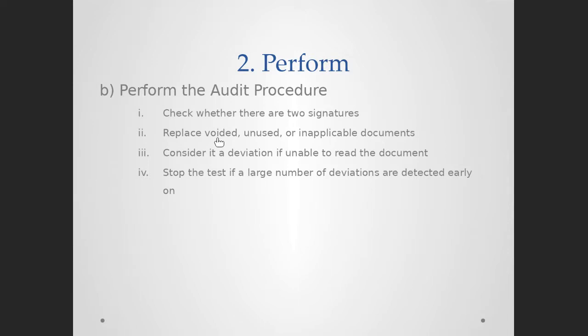It's not actually written, it's voided, it's not used, right? If you find a check like that in your sample, obviously you cannot verify whether there are two signatures or not. You would then put it back and take another one. You would replace that with a check where they used the check and you can see whether there are two signatures or not.